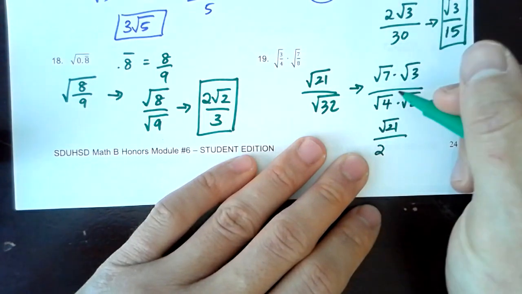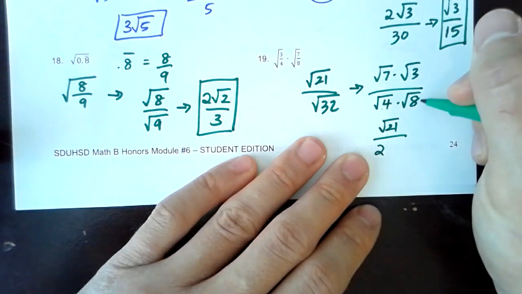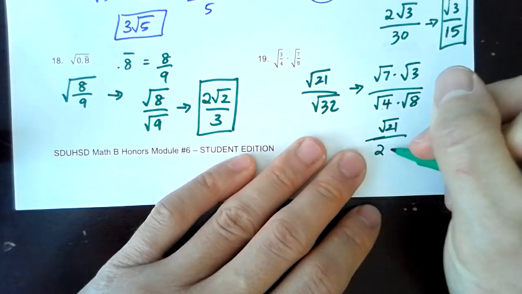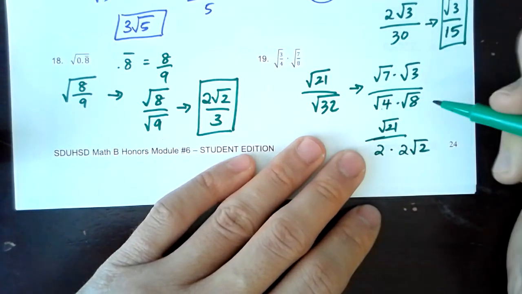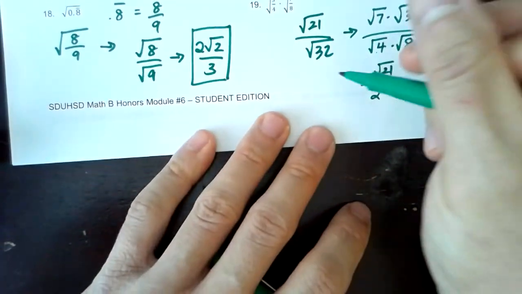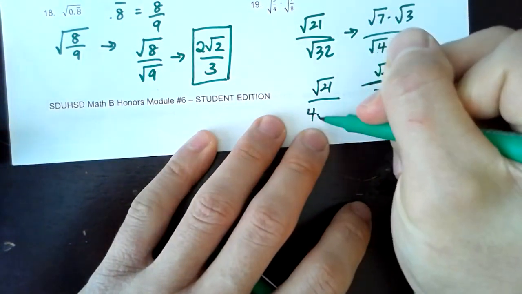Wait a minute. I should have used 16 for this, right? This should have been 16 and 2. So it's okay. I'll just write it as 2 times 2 root 2 because square root of 8 is 2 root 2. Okay, so then this becomes the square root of 21 over 4 root 2.